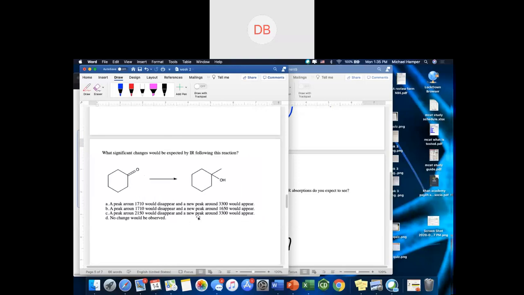So you're going from one molecule, say you react it, and you end up with a product. Could somebody tell me what would appear and disappear? Off rip, you would get the appearance of that alcohol group showing up around the 3300.